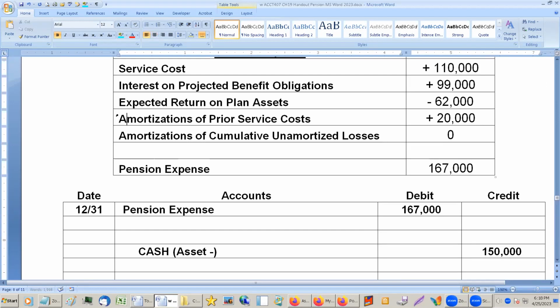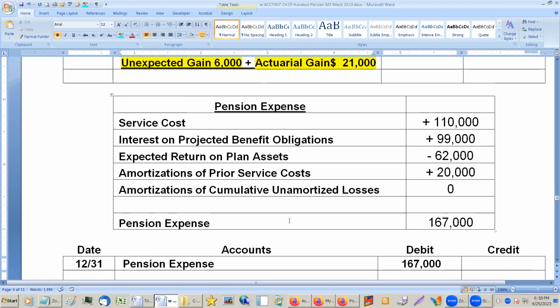Okay, this amortization of prior service costs. So here's the wacky thing. Whatever the prior service cost was, it's already been recognized in the liability. So when we recognize it in our expense, we're actually recognizing that we owe this amount in our expense. We had to take it out there so we're not double dipping, because it will add to this pension asset/liability.